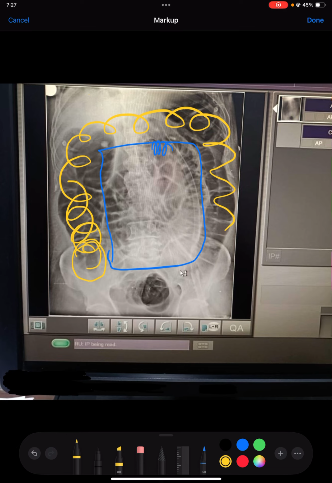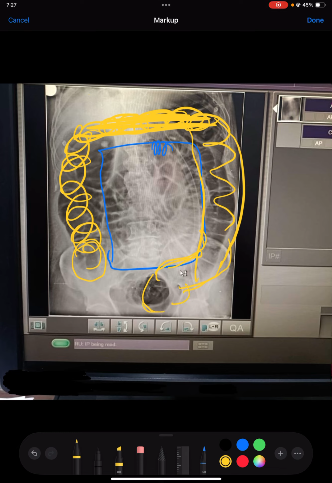So this is all ascending colon. We have then the transverse colon here because it is transverse, and then we have the descending colon, and then the sigmoid colon which has a sigmoid, S-like shape, then the rectum where the stool is accumulated and kept, and then the anal canal where the stool is thrown out.